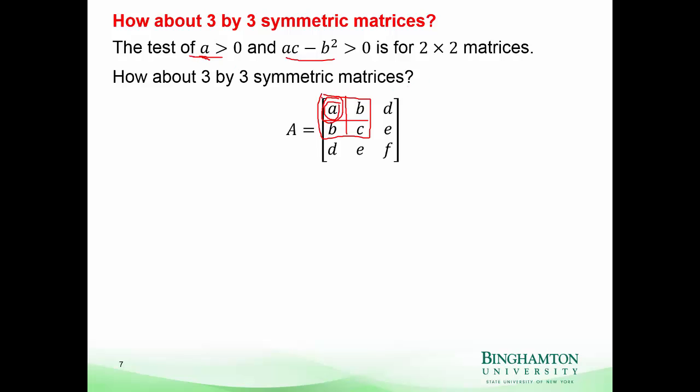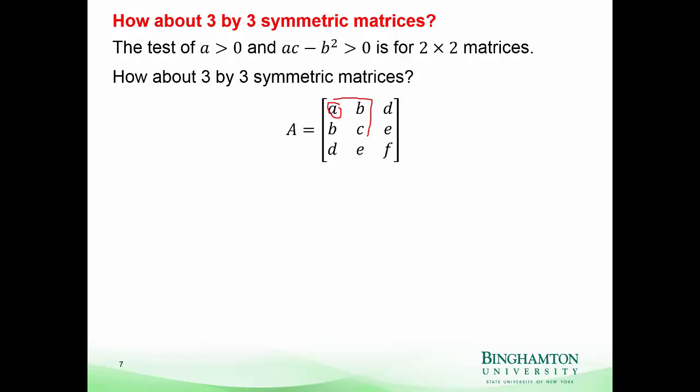Then I look at the whole 2-by-2 matrix, and this is its determinant. So we're starting to see a pattern here, and the research side of us, or the discovery side of us, goes, I wonder if I could extend this. Maybe it's a sequence of different determinants that I have to look at. I've got to look at the determinant of this upper left 1-by-1.